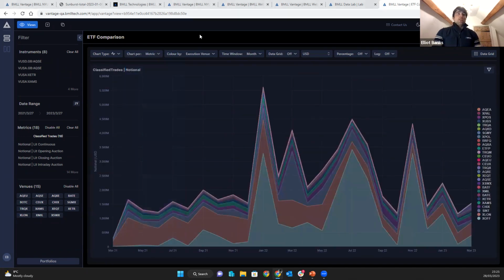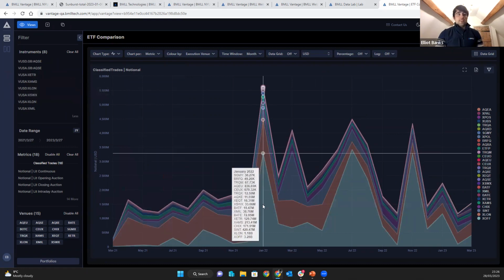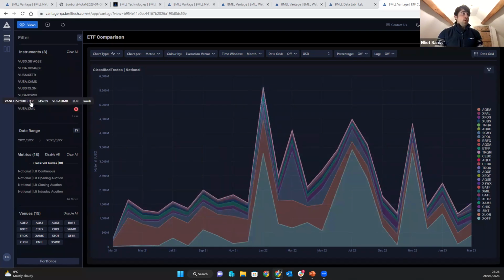First of all, these are all the different venues where this one Vanguard S&P 500 ETF is actually listed. So you can see it's listed on multiple primary venues with one ISIN, which means actually finding where this symbol trades is difficult.